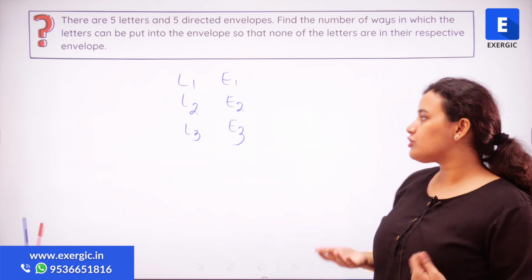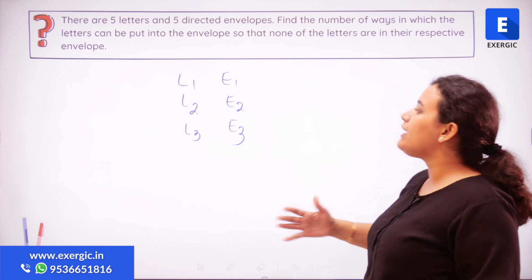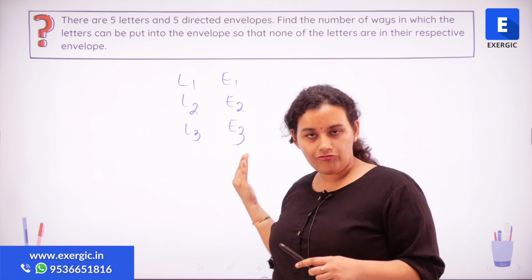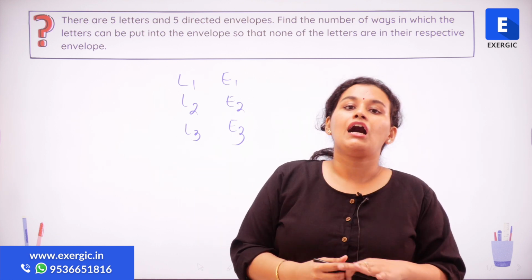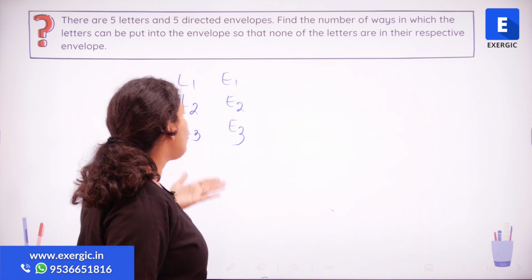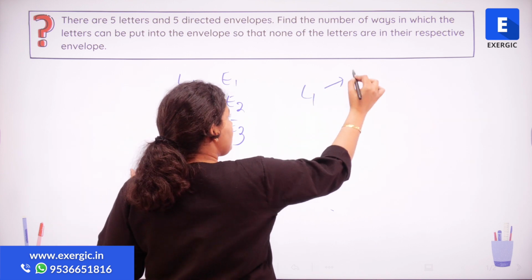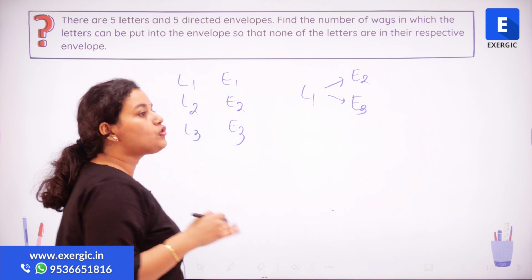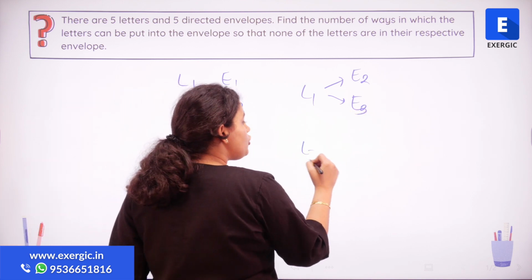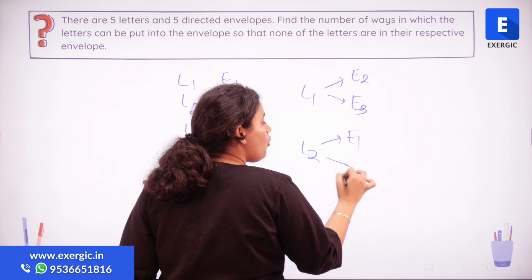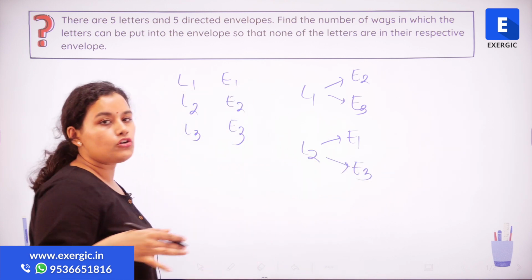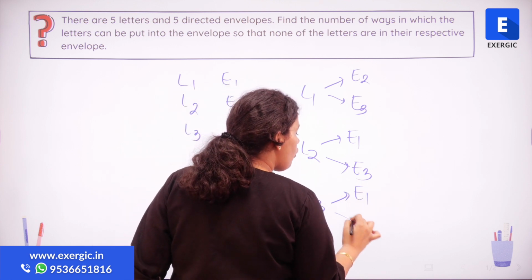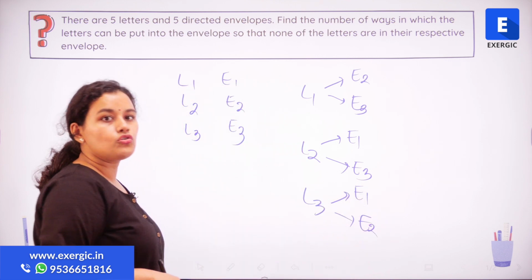However, the scenario presented to us is that none of the letters are going to go into their respective envelopes. That means L1 can go to either E2 or E3, but it cannot go to E1. Similarly, L2 can go to either E1 or E3, but it cannot go to E2. L3 on the other hand can go to E1 or E2, but it cannot go to E3.